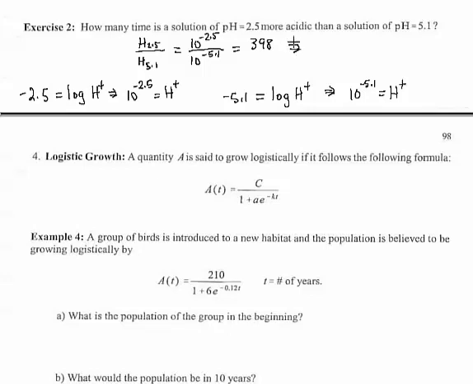So if we rearrange this, we can show that the concentration of the more acidic solution is about 400 times the concentration of the 5.1 pH solution.